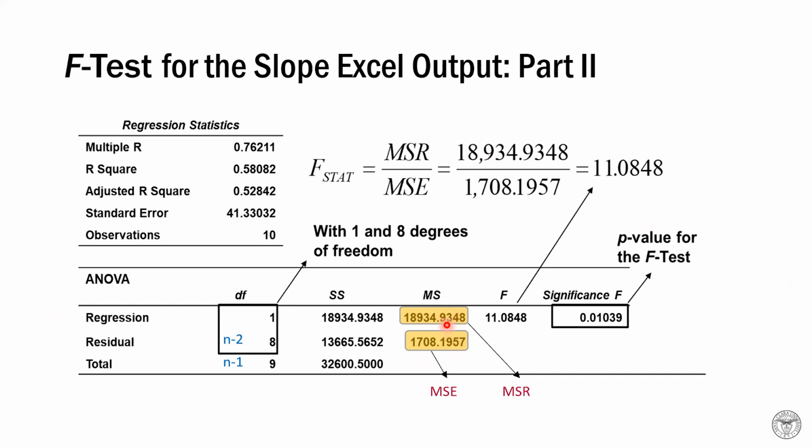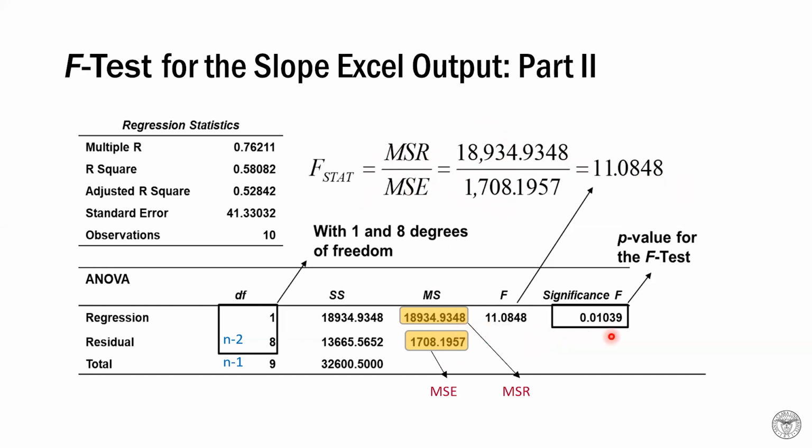Plugging the values into the f-stat, we have f-stat equals MSR over MSE, equals 18,934 over 1,708, equals 11.08, which is the same as shown in the table too.